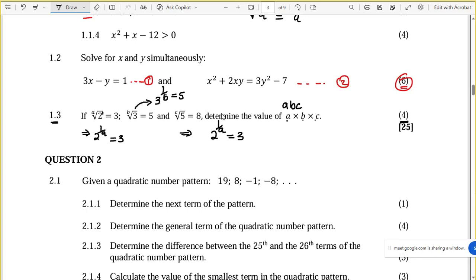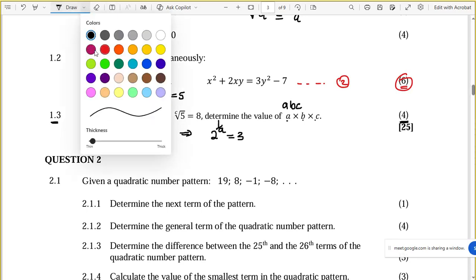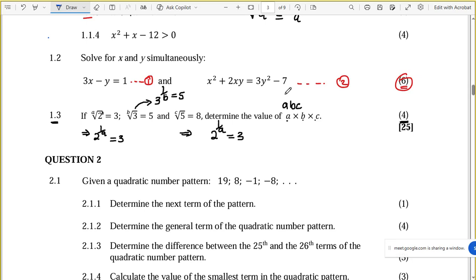So I'm just gonna rewrite this down. I know that 3 to the power 1 over B equals 5. But we know what 3 is. 3 is 2 to the power 1 over A. So I just substitute that and say this is 2 to the power 1 over A, then this will be to the power 1 over B, and this is equal to 5.